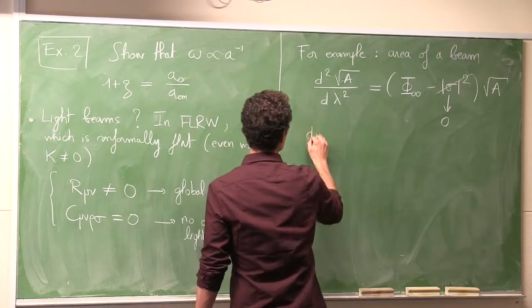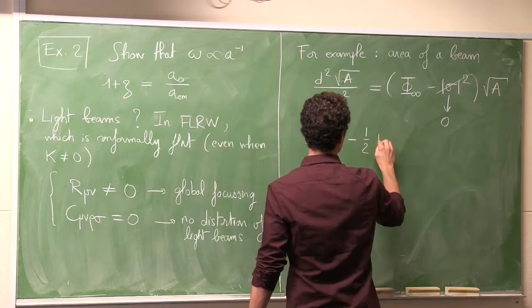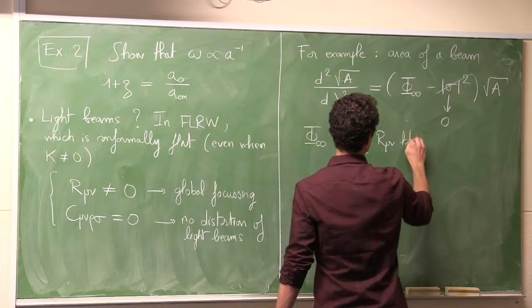And phi 0,0, which is by definition minus 1/2 R mu nu k mu k nu.